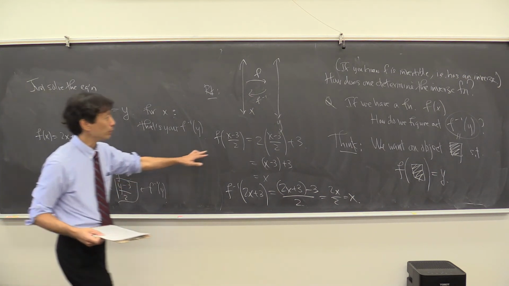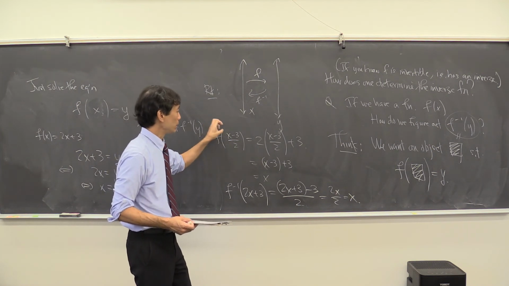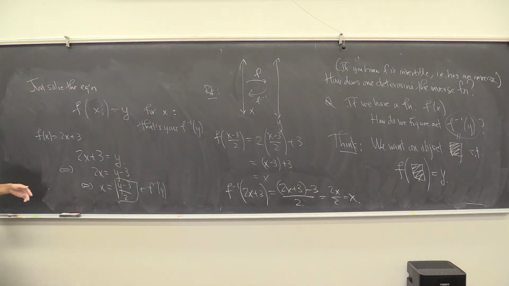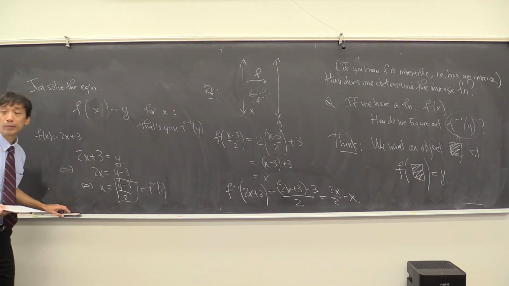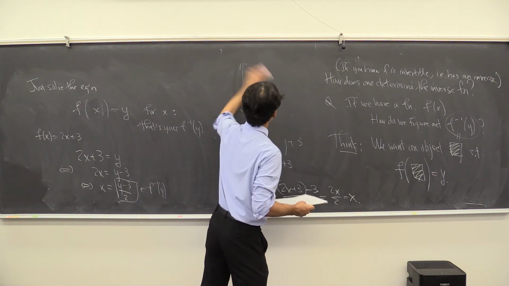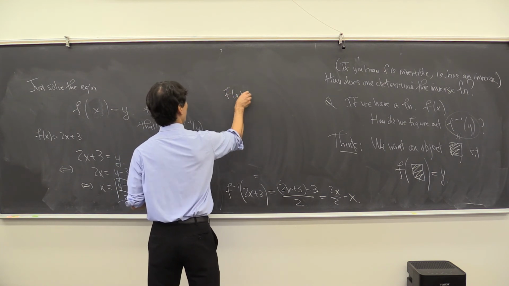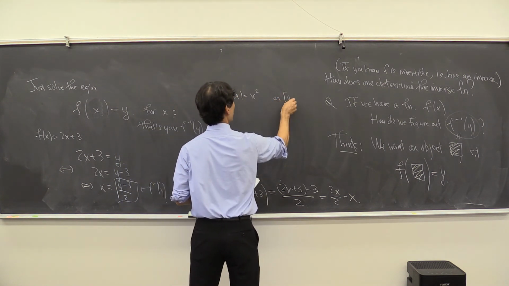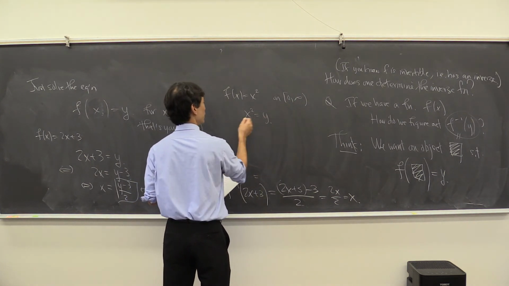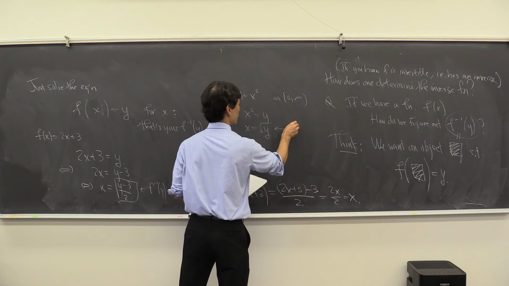Okay, and you see that's what we got over here, right? The inverse function was: take the input, minus 3, quantity over 2. Again, if f of x were the squaring function on the non-negative reals, then you would say, okay, x squared is equal to y, and then you would solve for x. x is the square root of y, and so that would be your inverse function.